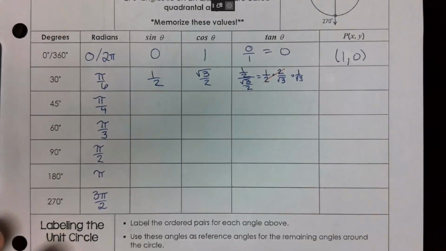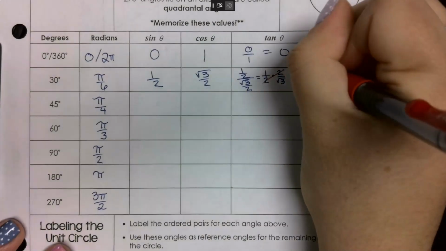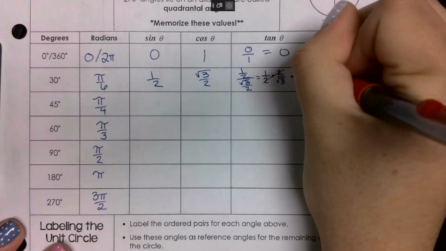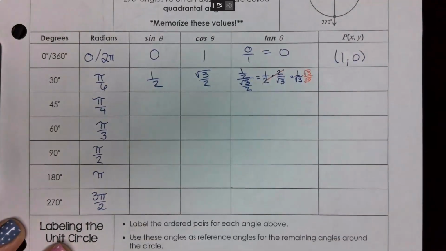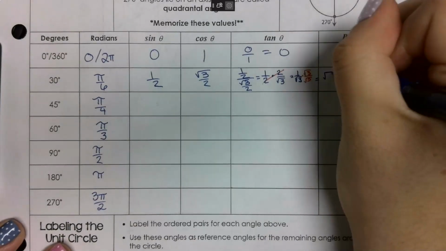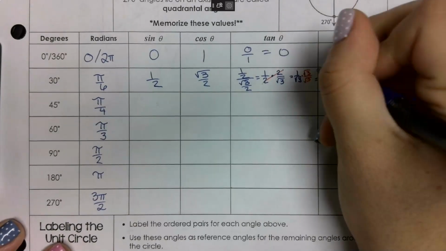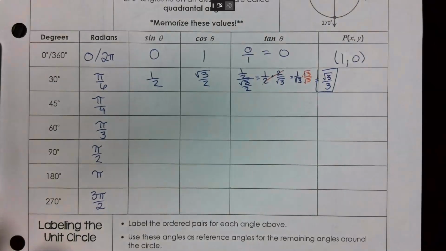But do I like that? No, so you multiply it by the square root of 3 over square root of 3. I'm just going to continue in the next box. That gets me square root of 3 over 3.